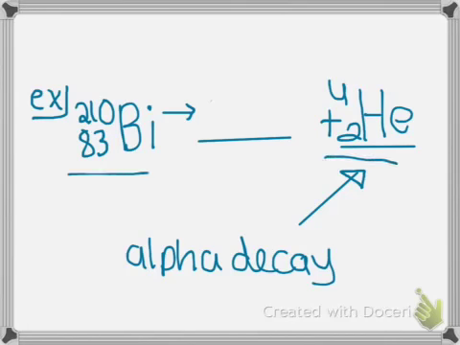So in order to do that, you can do 83 minus 2, which gives you 81, and 210 minus 4, which gives you 206. So now if you look at your periodic table, if you look where 81 is, it is thallium, and that is Tl. And so that's how you solve this kind of decay.